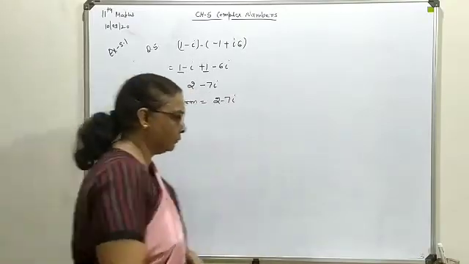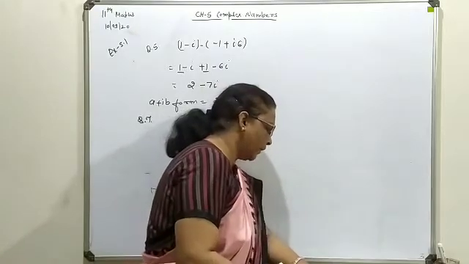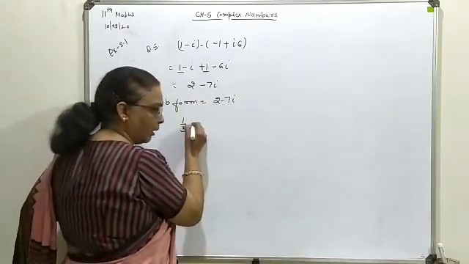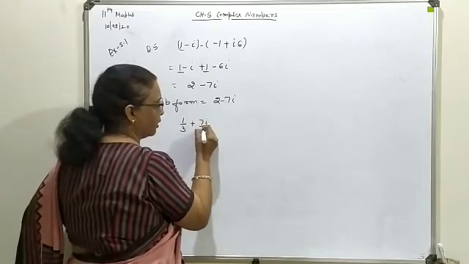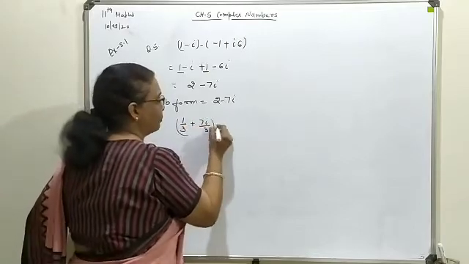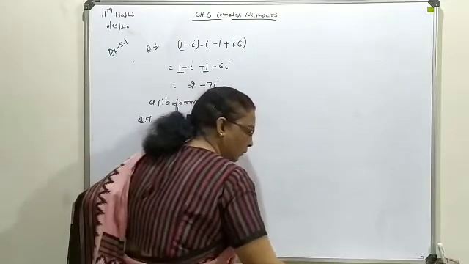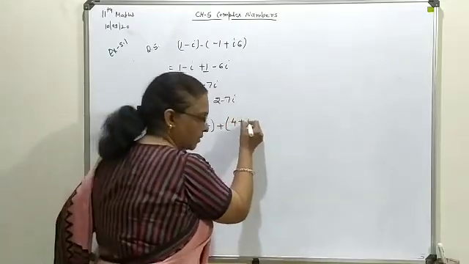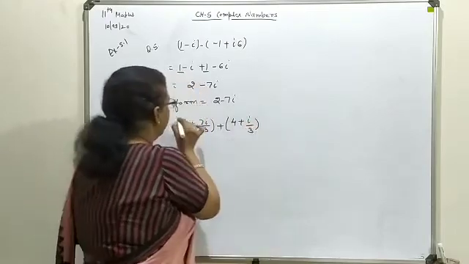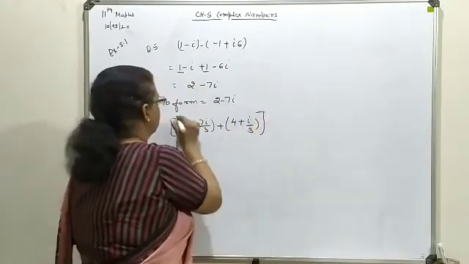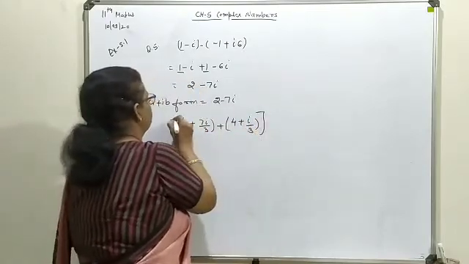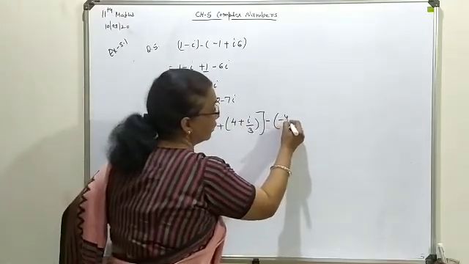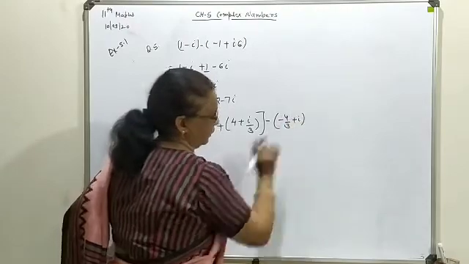In the seventh one, 3 brackets are available. 1 upon 3 plus 7 iota upon 3 is one bracket, added with the 4 plus iota upon 3, make this bracket close, minus 4 upon 3 plus iota.